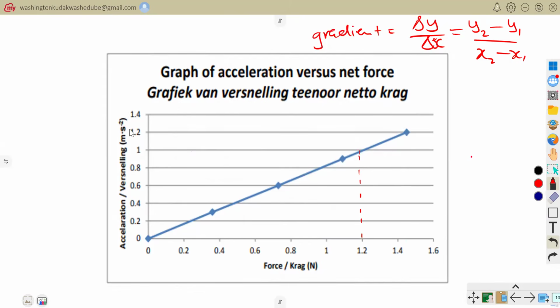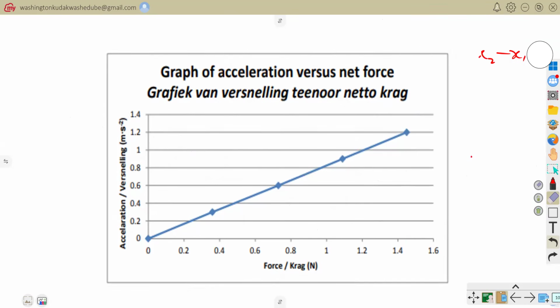So this is where I've got my acceleration, and this is where I've got my force. But here my acceleration was supposed to be 1.45 meters per square second against 1.2 here. It's just that I didn't take time to look at this graph. I'm seeing it now that they incorrectly plotted the graph. So this graph was incorrectly plotted. They were supposed to have it the other way.